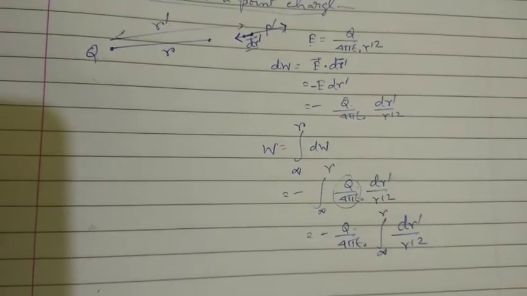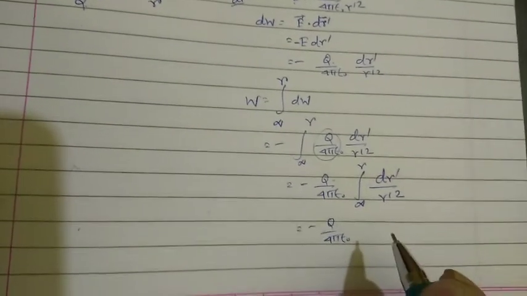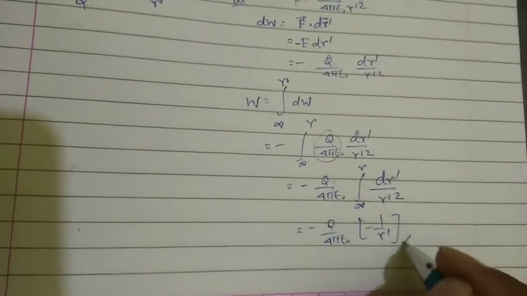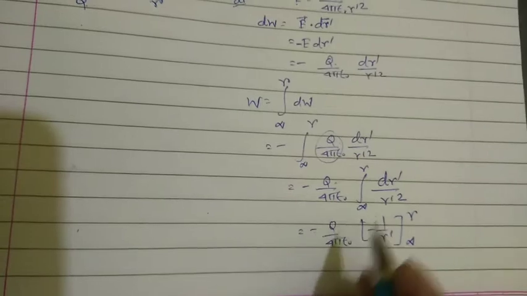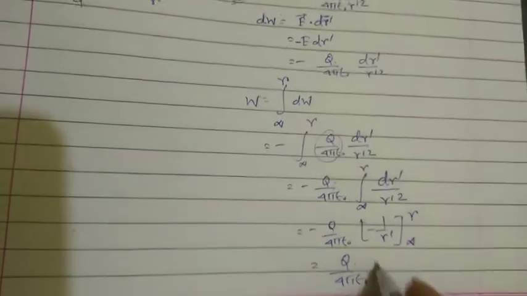By using the formula, you can write minus 1 by r prime, the limit will be infinity to r. So this minus and this minus will cancel each other, q by 4 pi epsilon naught, and we just put the limits here.